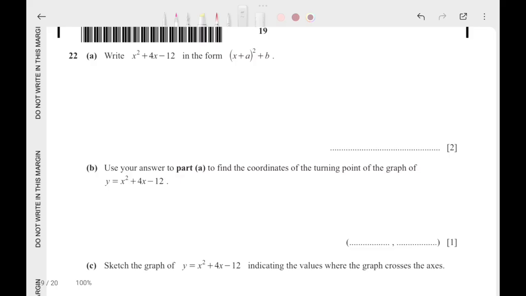In this question, x squared plus 4x minus 12 is a form of x plus a whole squared plus b. Students, actually in this question there are two forms given. One is standard form and the other one is vertex form.